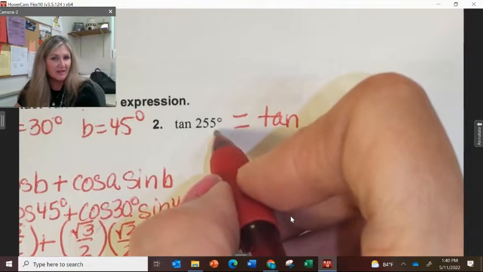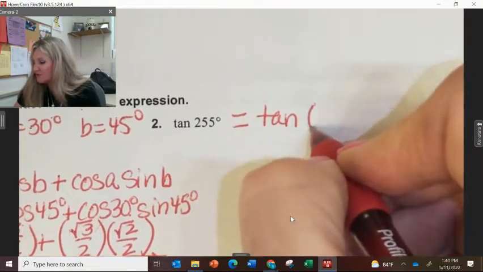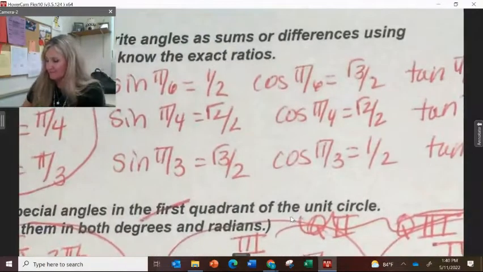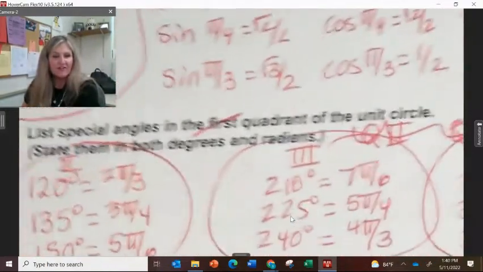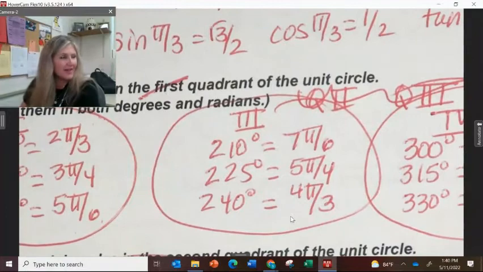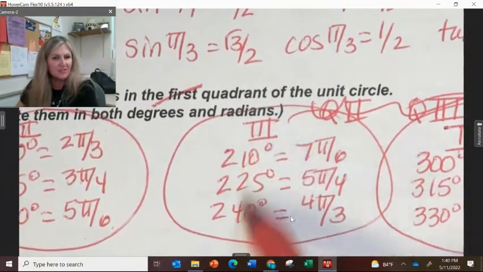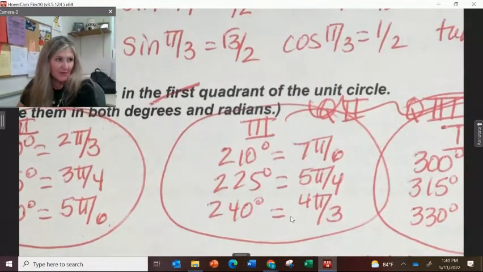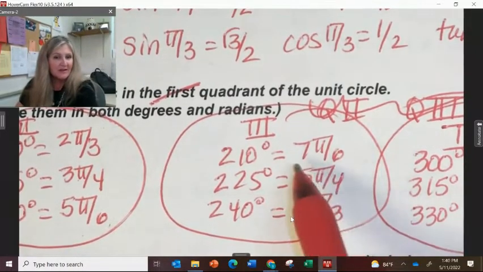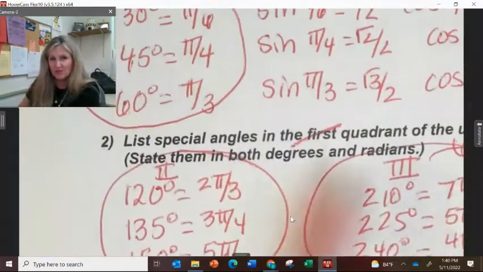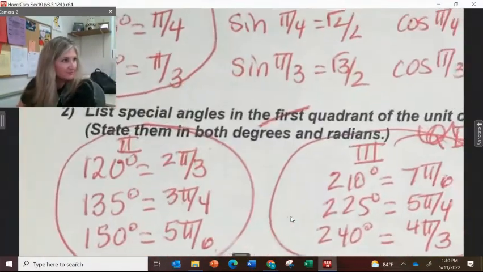So you've got to think of two angles that are in our list. All right, so 255, which quadrant would that be in? Quadrant 3. So one of our angles we're going to use is probably going to be in quadrant 3. Not always, but can you guys find any combination of angles? Drew?